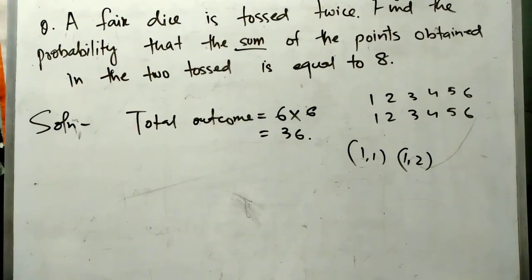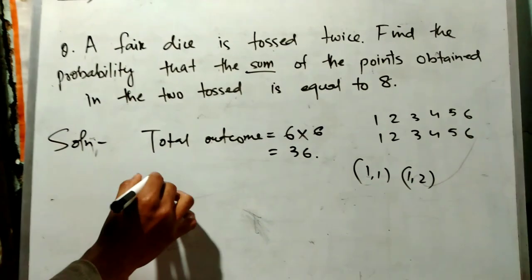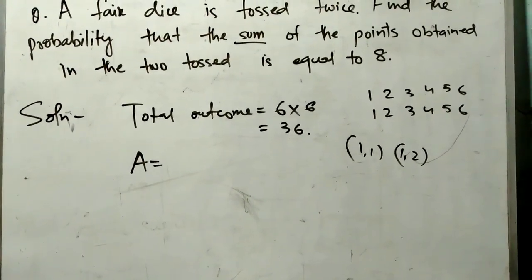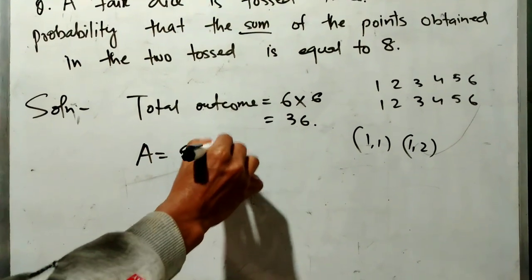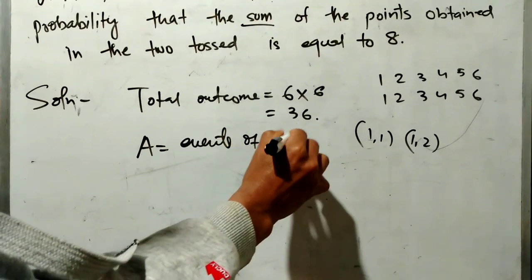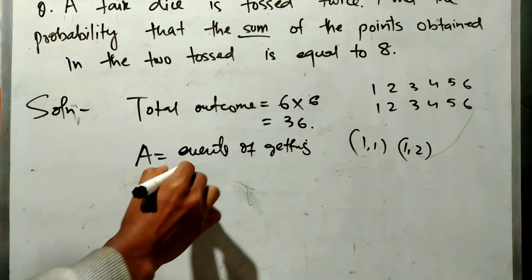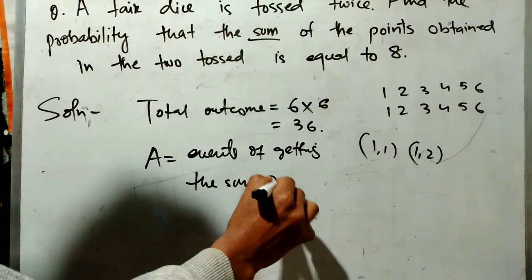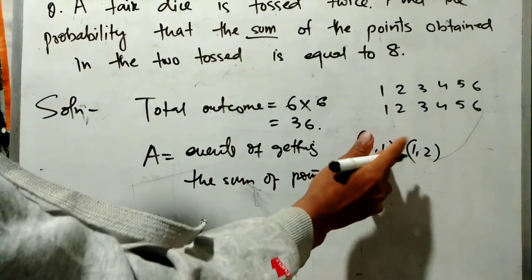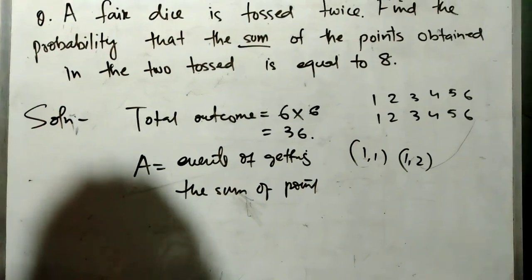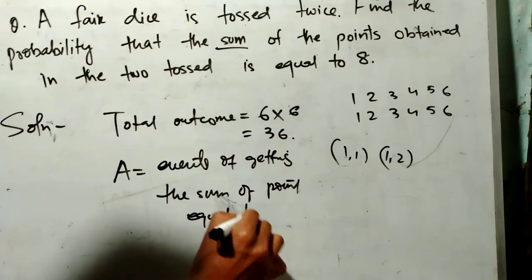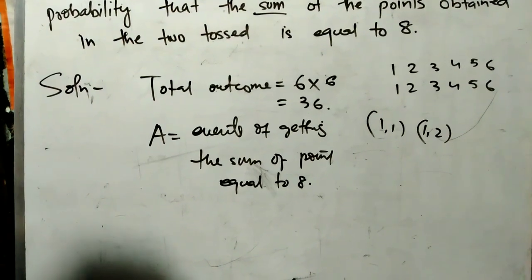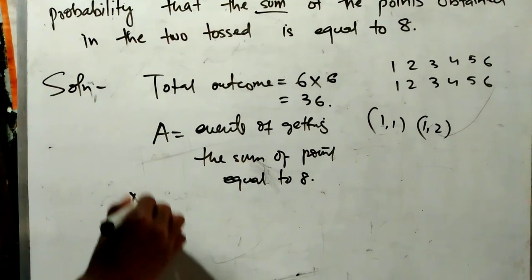Let us denote A equal to the event of getting the sum of the points equal to 8. Then the probability of A, the sum of the points equal to 8.